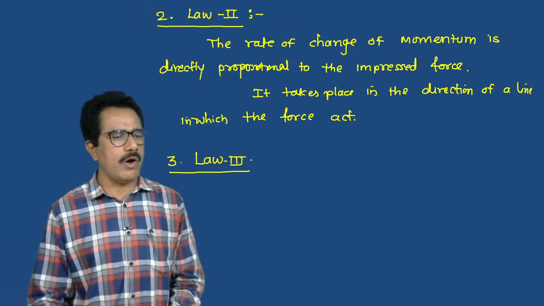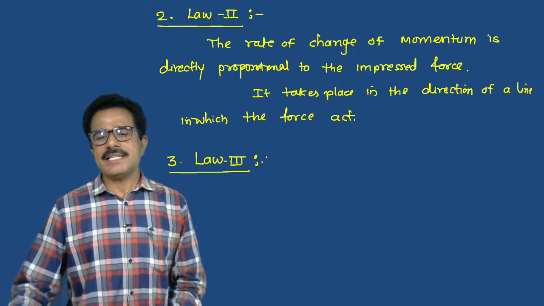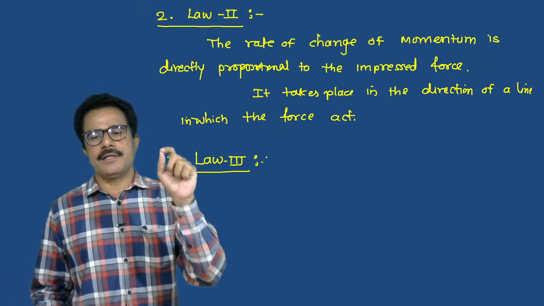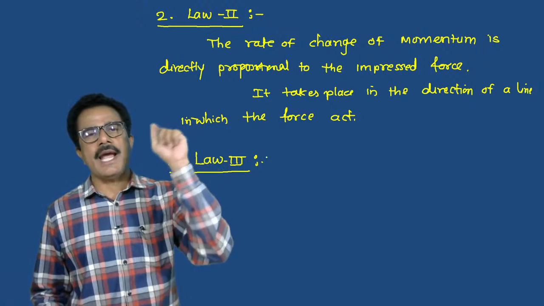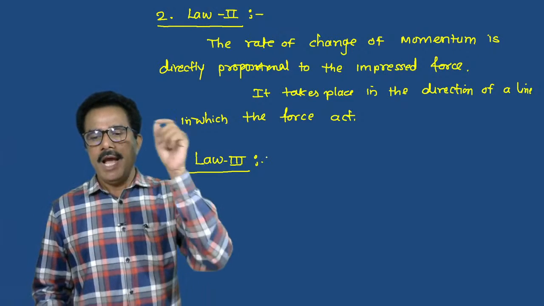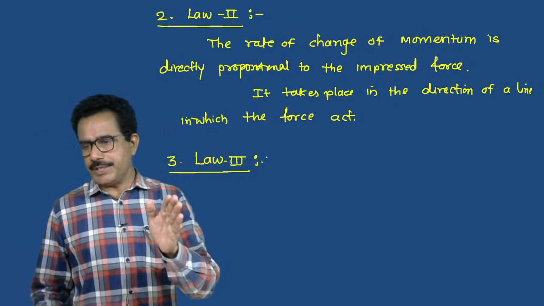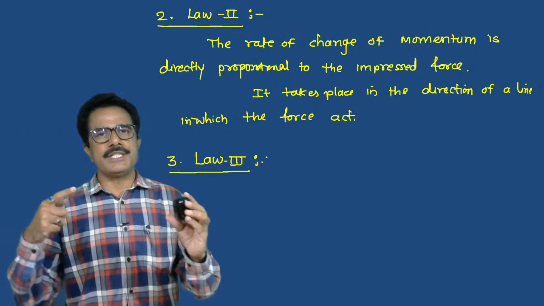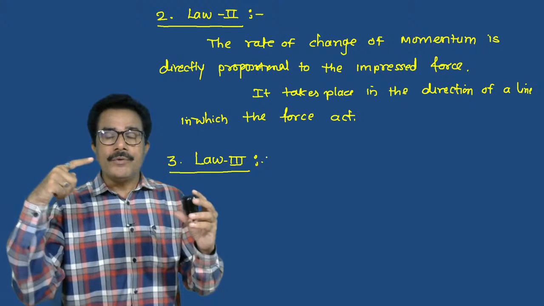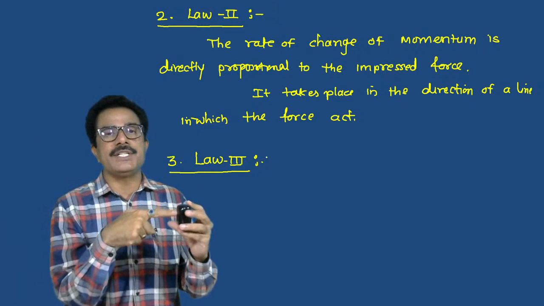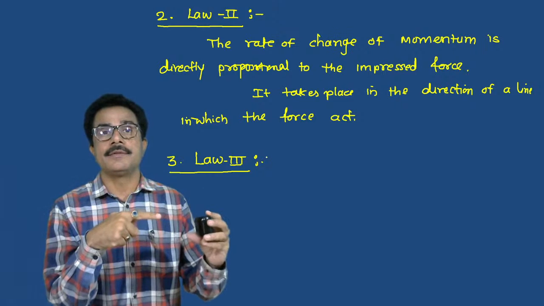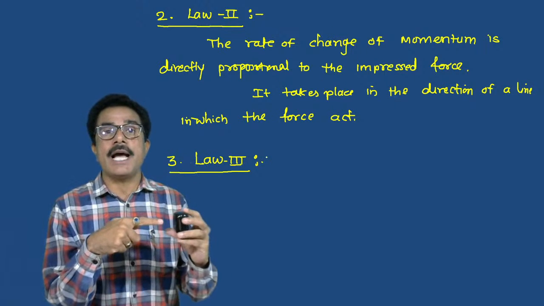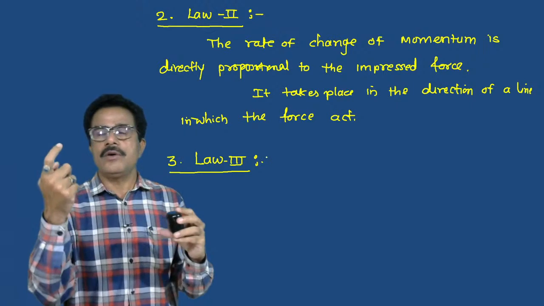Newton's third law. This is the simple action and reaction. Actions and reactions are equal and opposite. This is the simplest law. Suppose this is a rigid body, if we act some force on that rigid body, then simultaneously this rigid body also acts an opposite force on that.